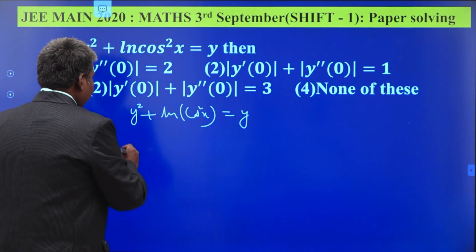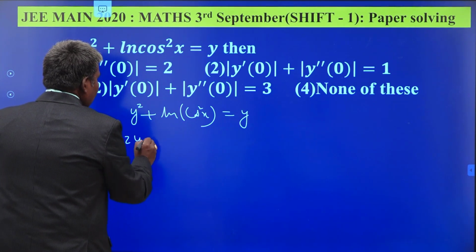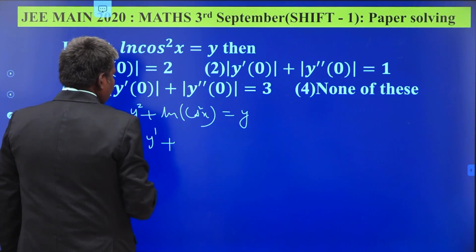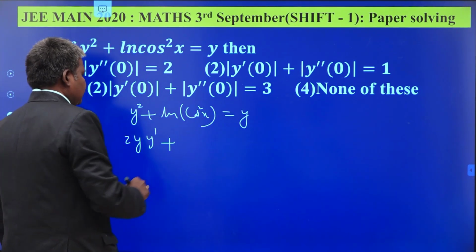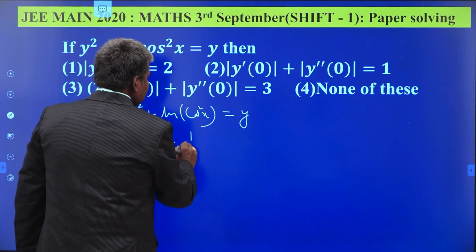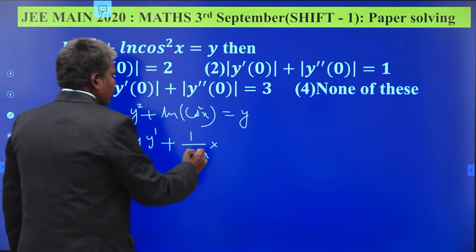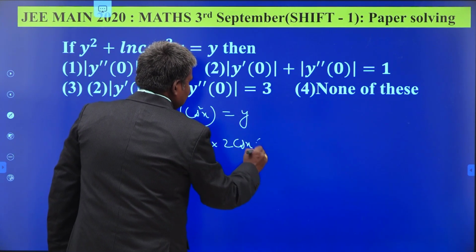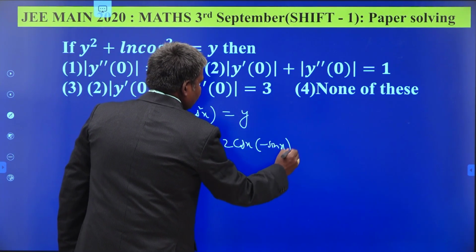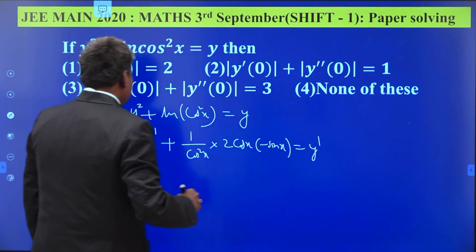First of all, 2y y dash plus, differentiating with respect to x, log x, the derivative is 1 by cos square x. Derivative of cos square x is 2 cos x into minus sin x, is equal to y dash.